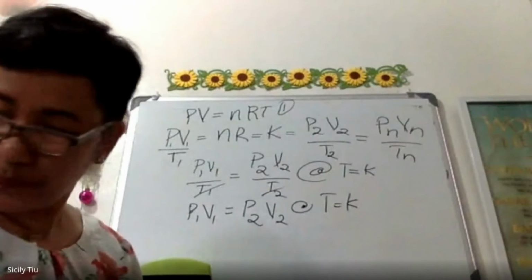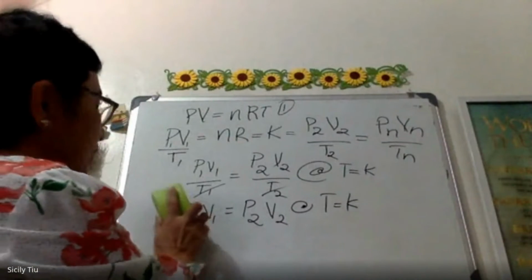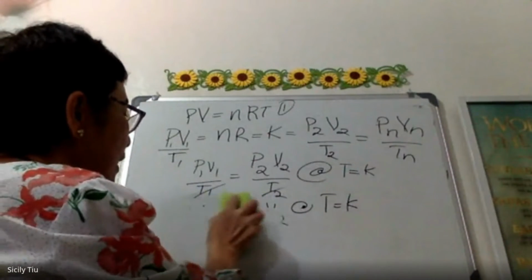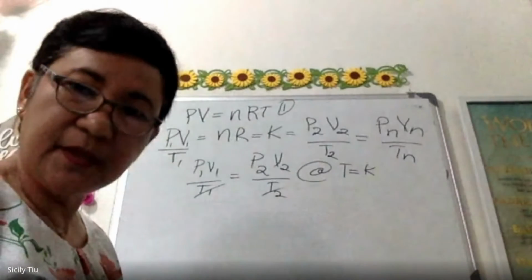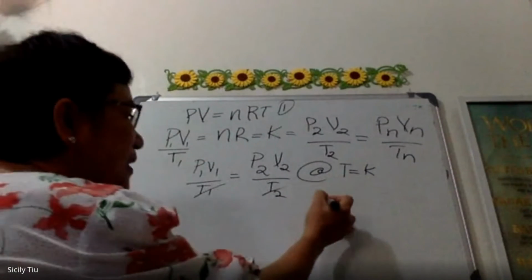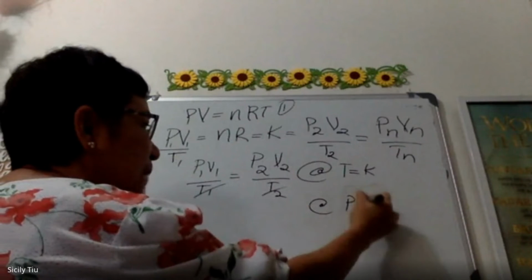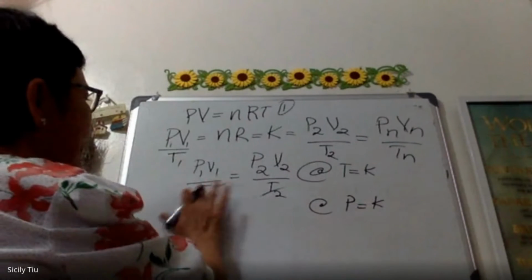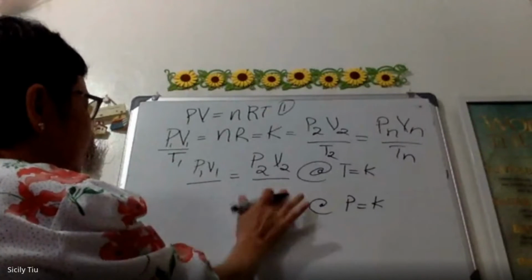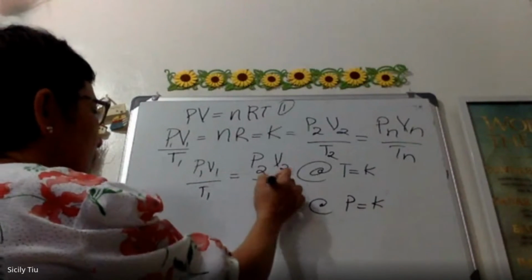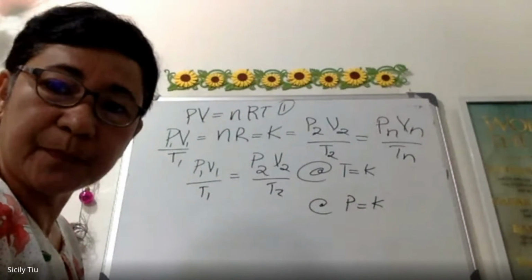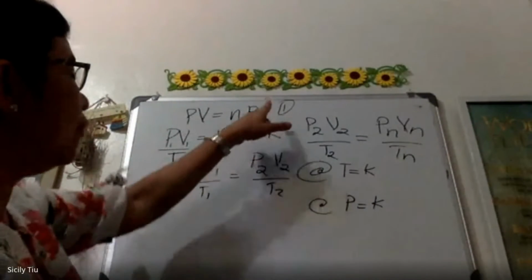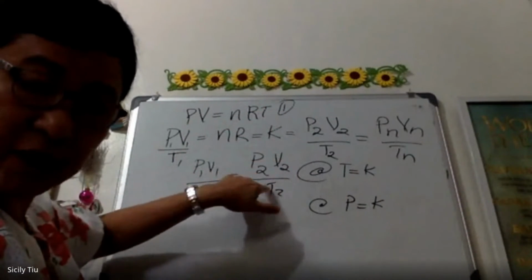Alright. Now, let me remove this so that I can get a little bit of space. Okay? Now, if I say that pressure is constant, going back to the combined gas law, Mr. Cabio, what can I cancel? P1 and P2. Okay, very good. So we now have the combined gas law and Boyle's law.